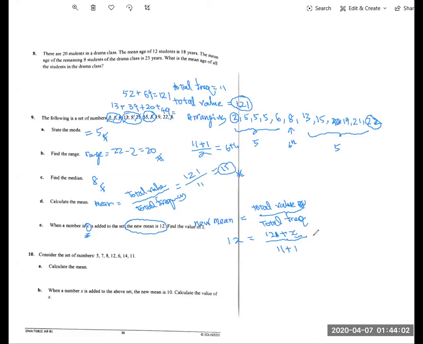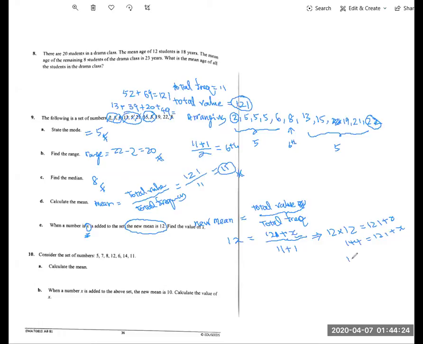So from here, we got 12 times, 11 plus 1 is 12, equal to 121 plus x. So 12 times 12 is 144. It's 121 plus x. Okay.